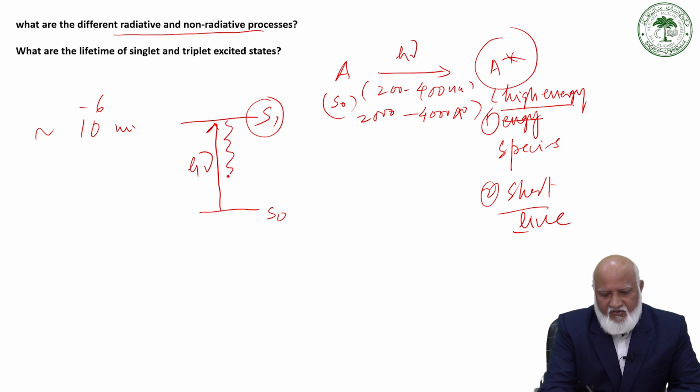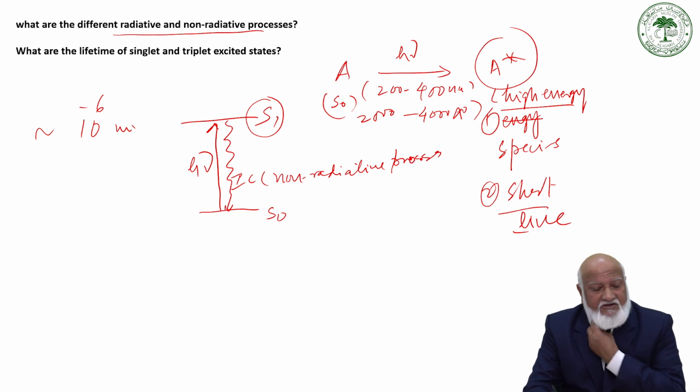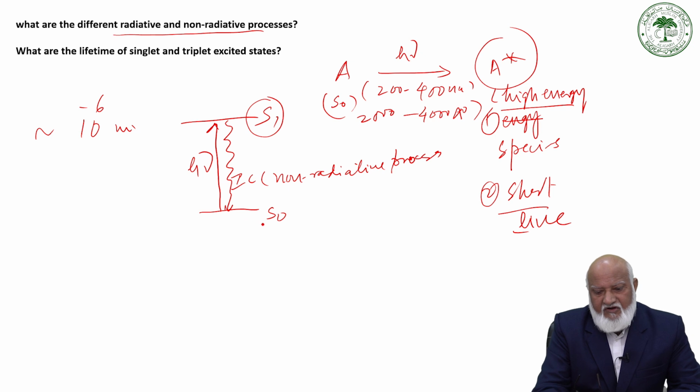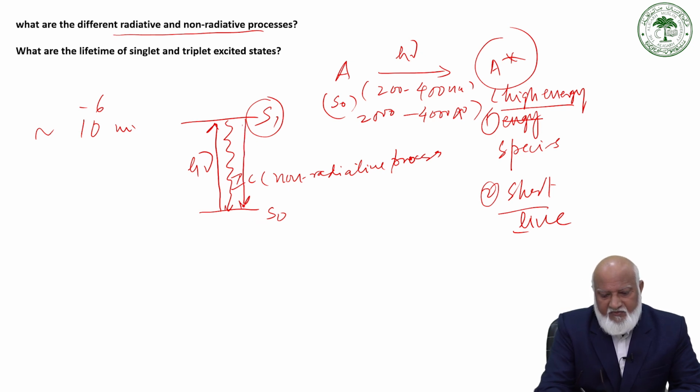It can come to the ground state by internal conversion, which is a non-radiative process. Non-radiative process means it loses heat and comes back to the ground state, or it may also come back to the ground state by a radiative process. This is called fluorescence.